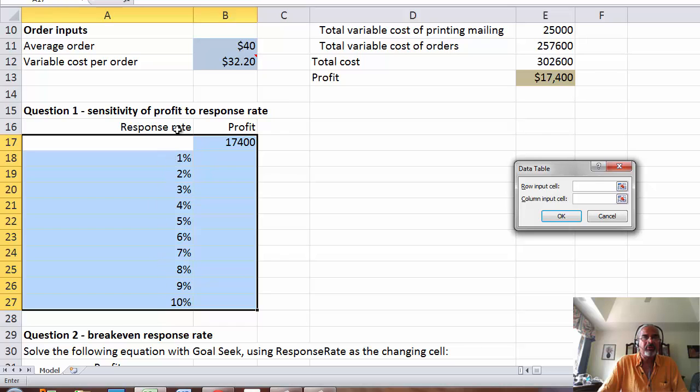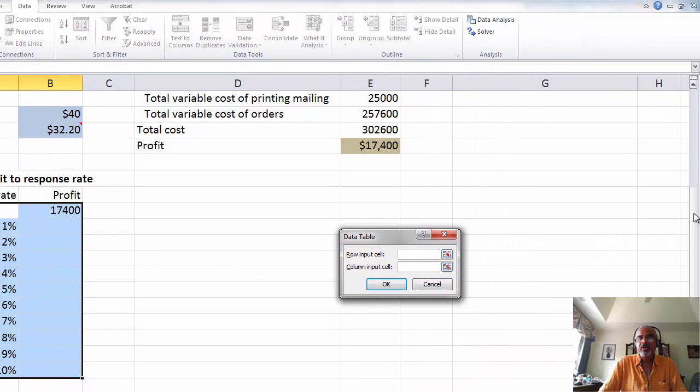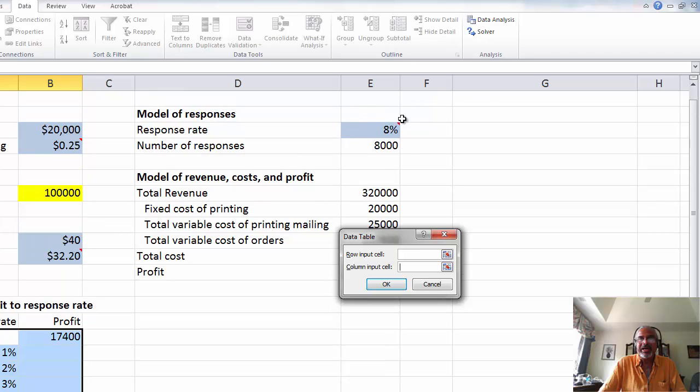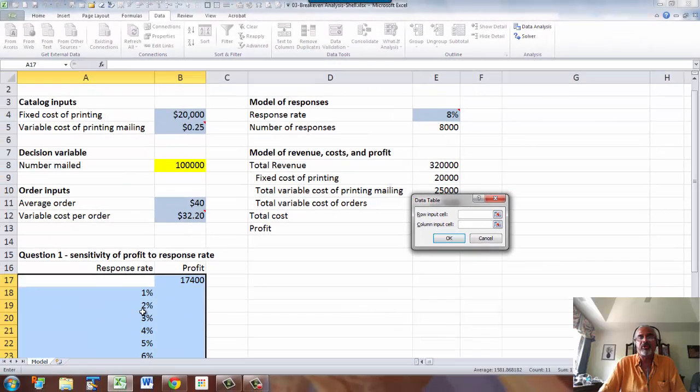The input values for the response rate are set up as a column, so this needs to be a column input. If you had it laid out as a row, then it would be a row input cell. But here the inputs are organized as a column, so it is a column input cell, and these different response rates must go into that cell for the model to recalculate new profit for those different response rates. So that is where the input values should be entered.